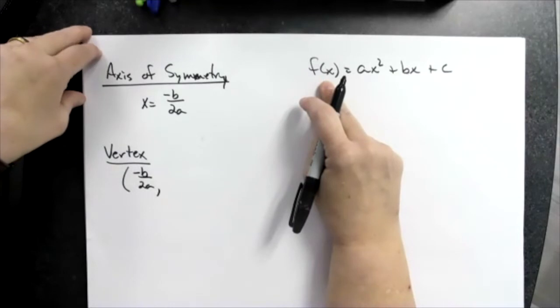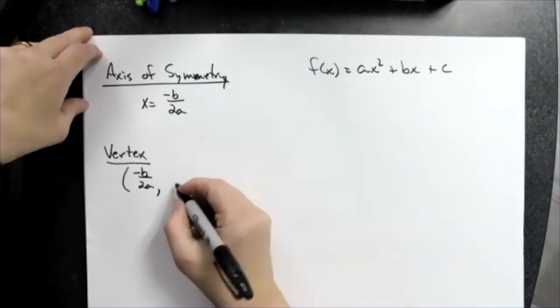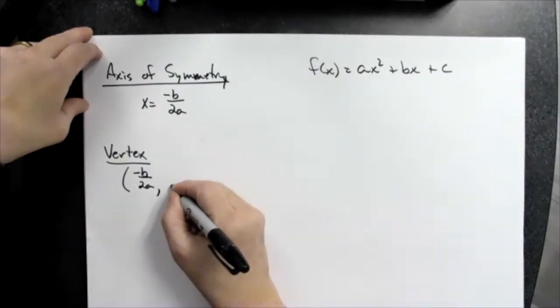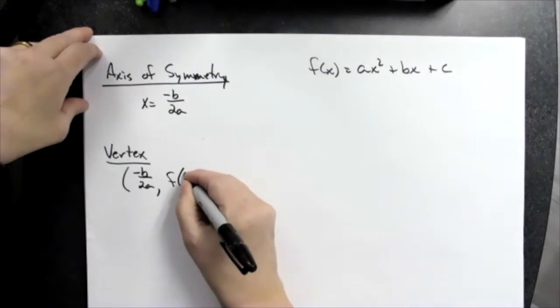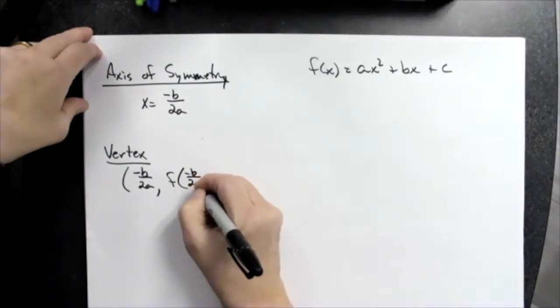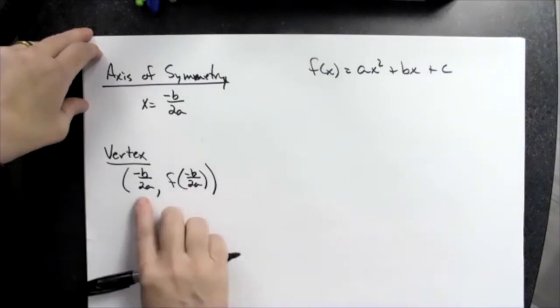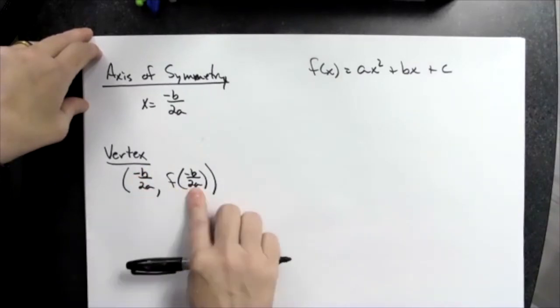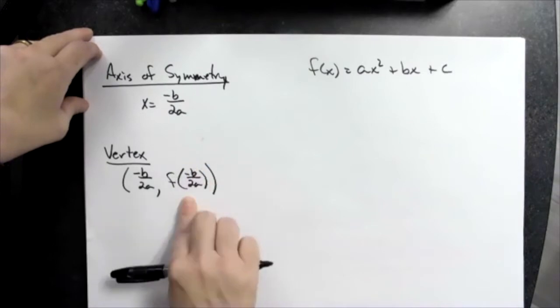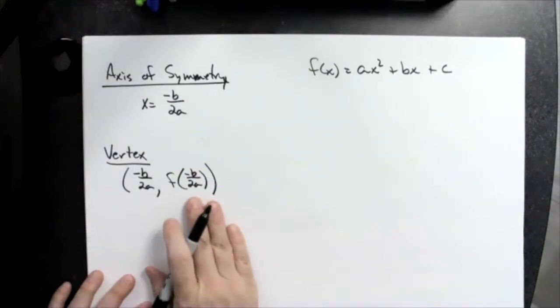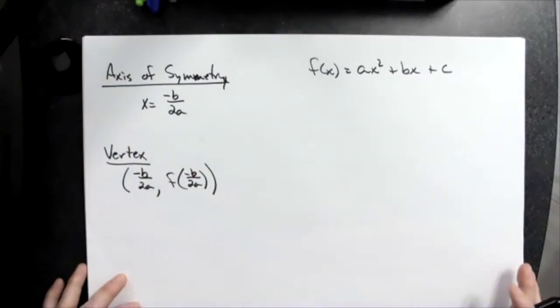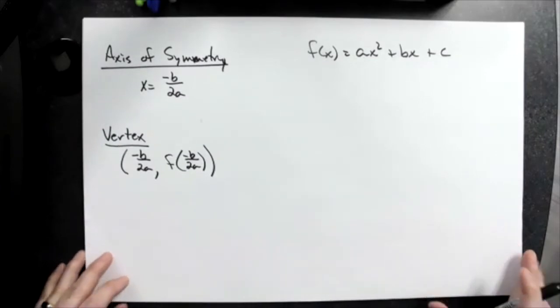We've done enough work with functions this semester to know that it's f of negative b over 2a. Being able to write it like this and recognize this notation means whatever this number is, I plug it back into the function, and that gives me my y value. In a college algebra textbook, you're going to see it written in that format.